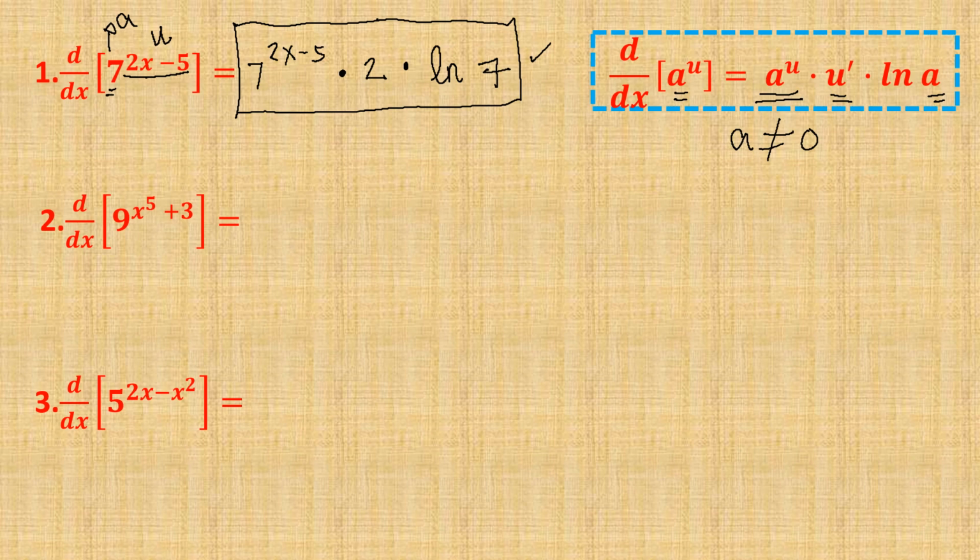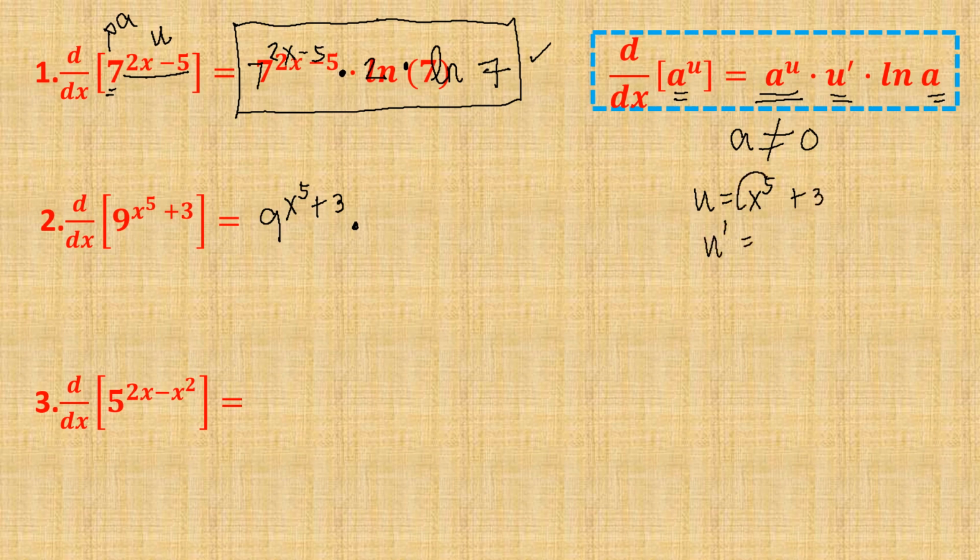So number 2, you have there 9 to the power of x to the 5 plus 3. So we simply copy 9 to the power of x to the 5 plus 3. Considering that our u is x to the power of 5 plus 3, what is its u prime?